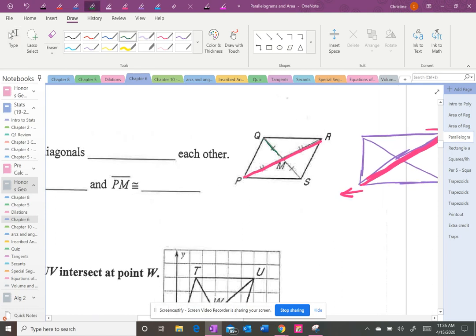So this one and this one are not equal. PR is a little bit longer in this picture than QS. However, they do bisect each other. So what that means is this is going to be longer. So let's pretend this is 10. So blue equals 10. And let's say QS is, I don't know, 8. They bisect each other. So then this would be 5 and 5 and 4 and 4.